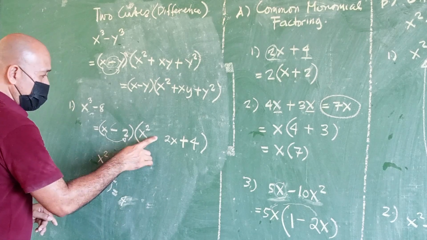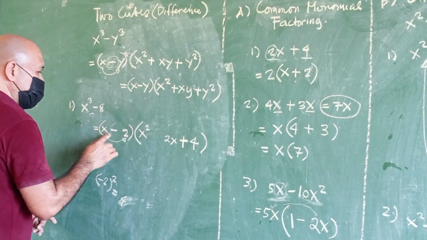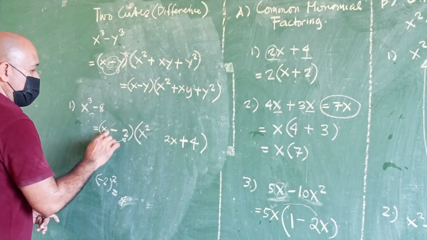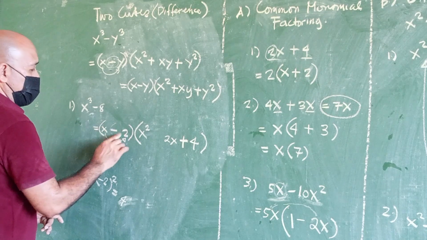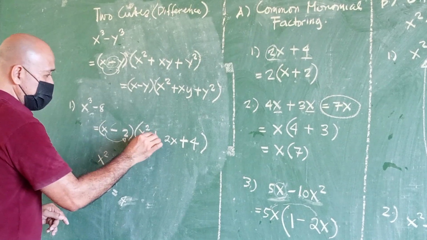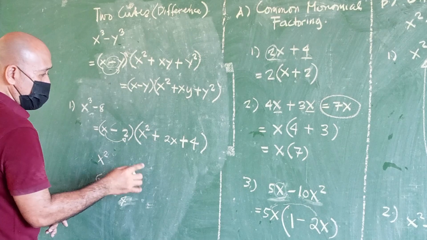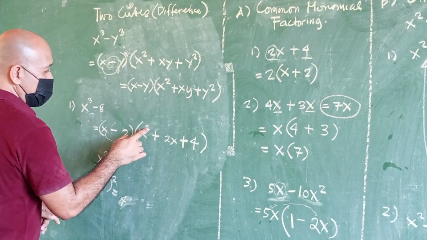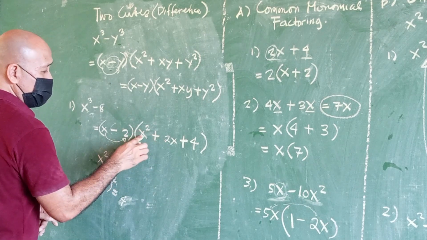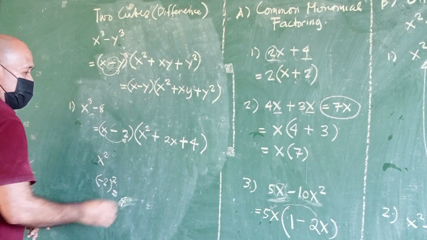And for the operation here again, you just have to use the opposite of minus. And the opposite is plus, and use that one as the operation between x squared and 2x, or between the first term and the last term.